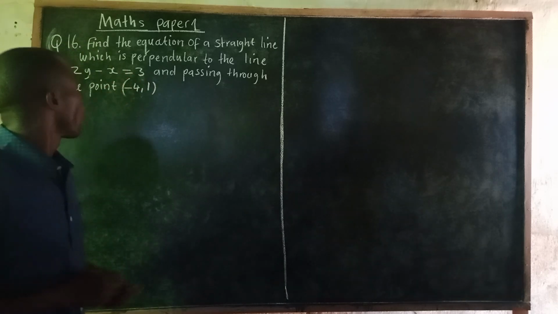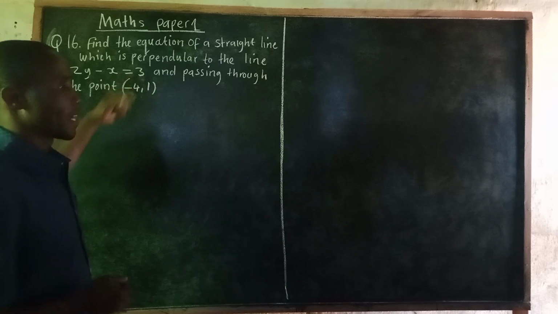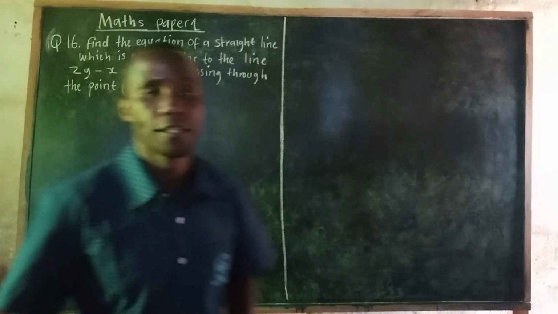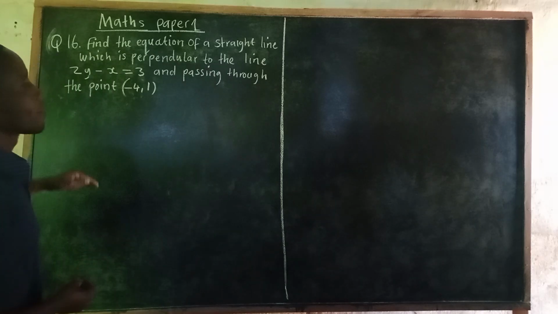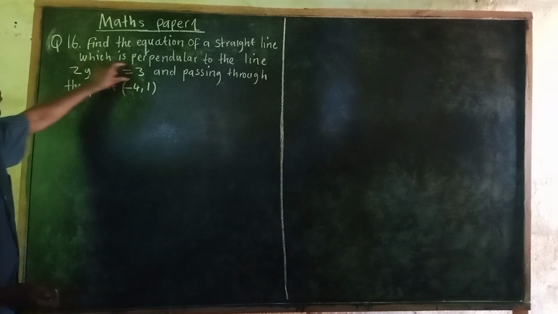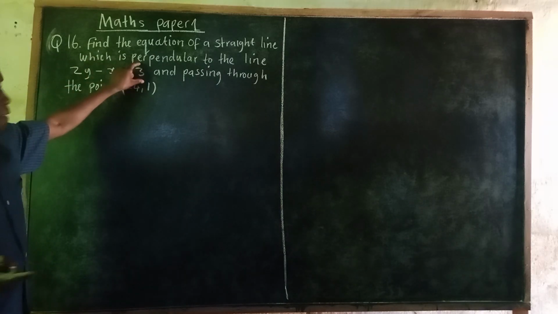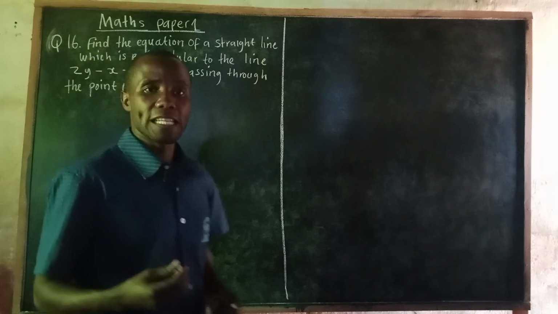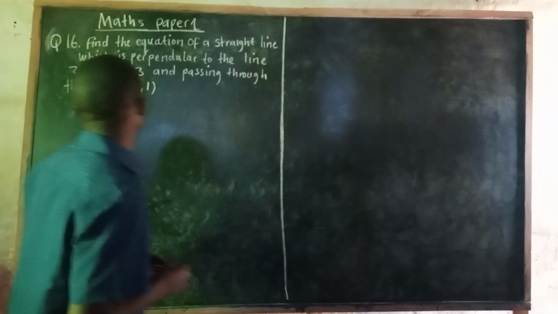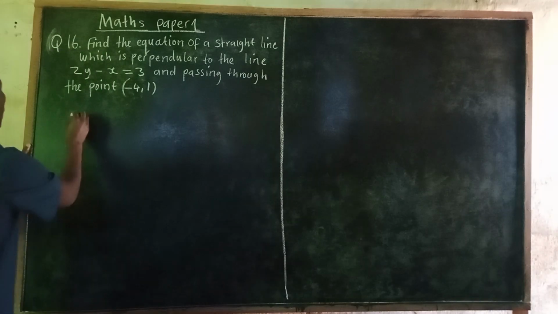Now, when you are given an equation like this one, how do we find the gradient? You are going to take the same equation that you are given and write it in the slope-intercept form.